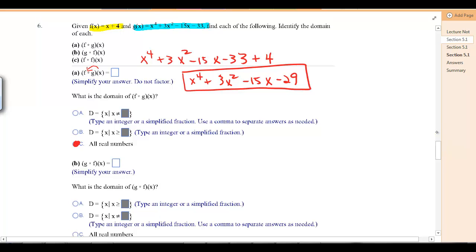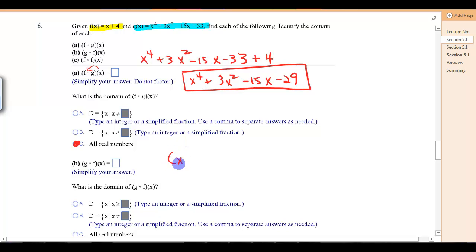All right. g of f means we're going to take this f and put into g. And it says simplify your answer. So let's see what we can do with that.